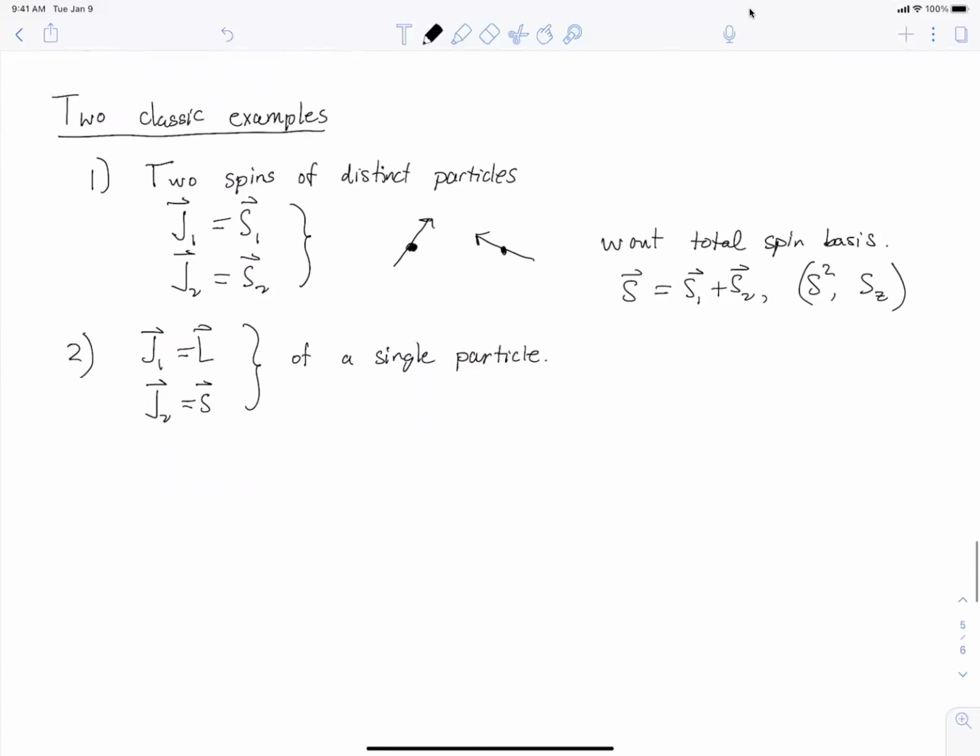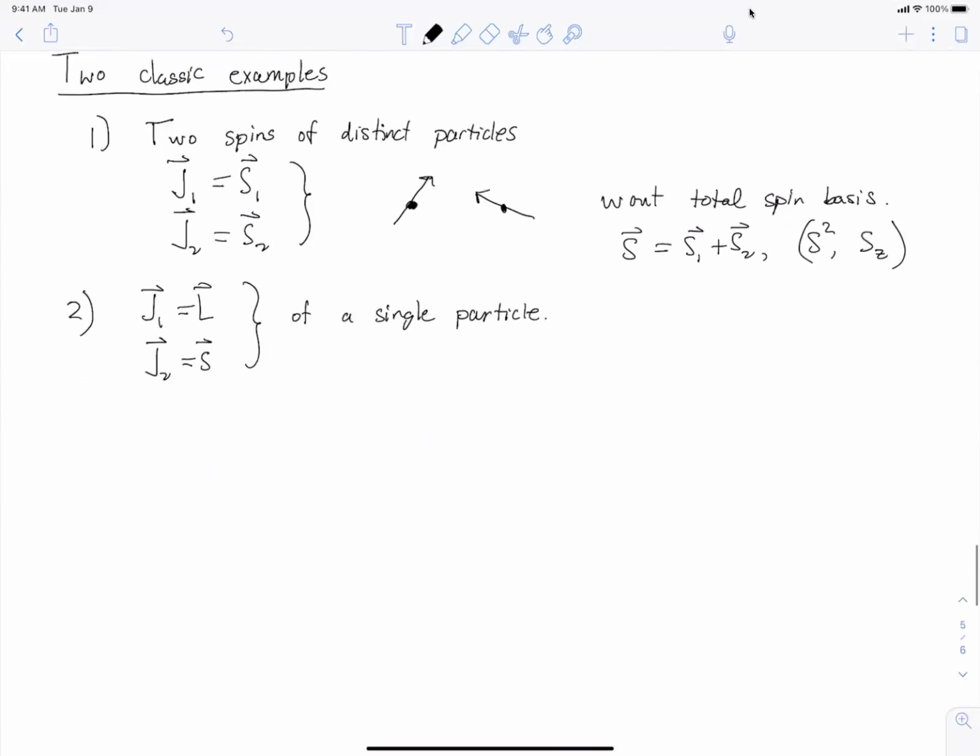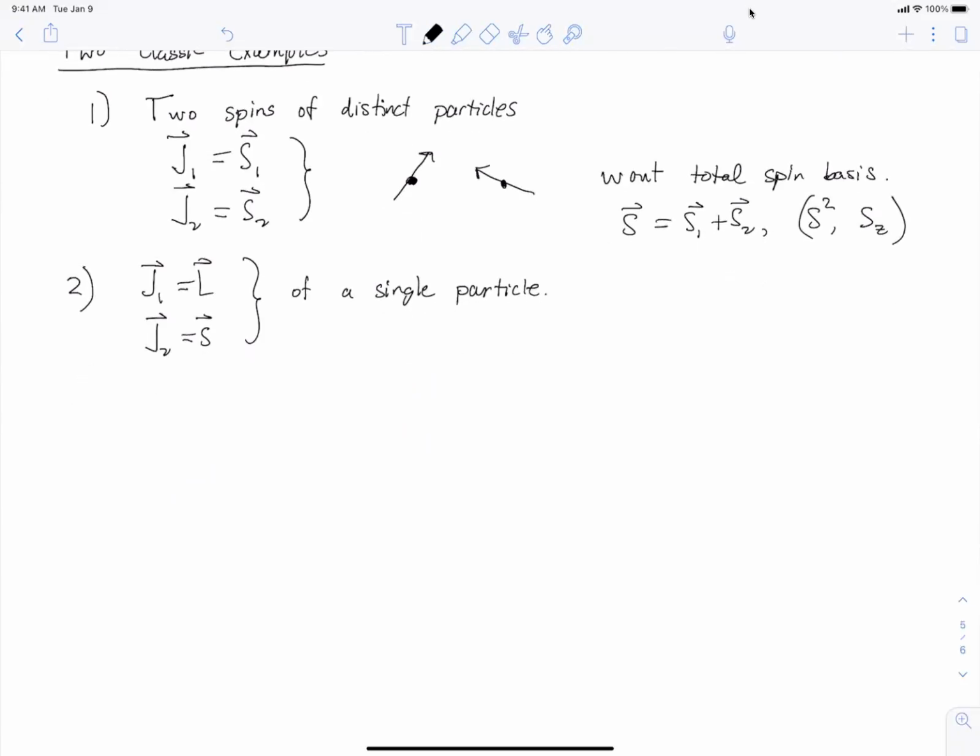Okay, now these are examples that commonly occur, but some other examples might occur. I'm not going to write this as a third possibility because we're not really going to get to it for a while, but you could consider, let's take the carbon atom.